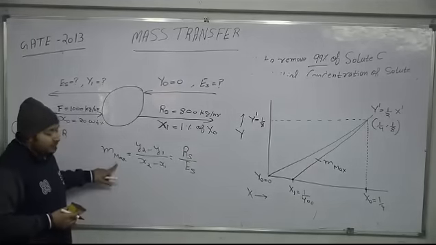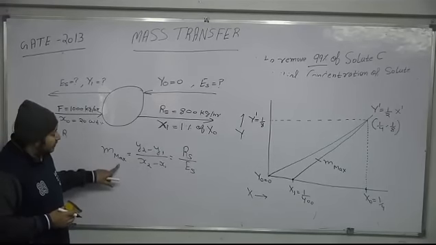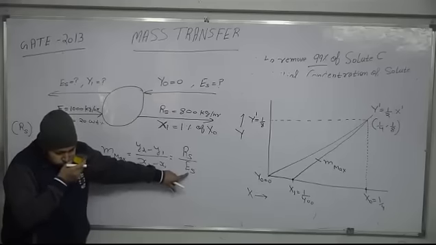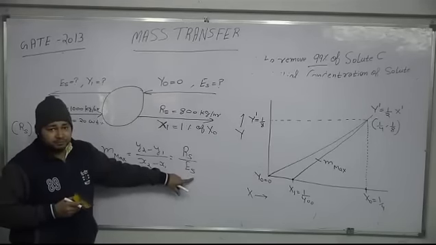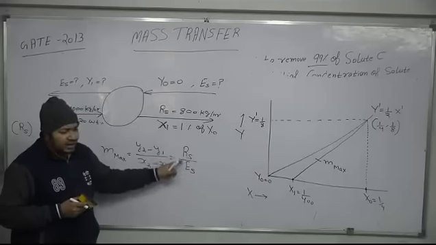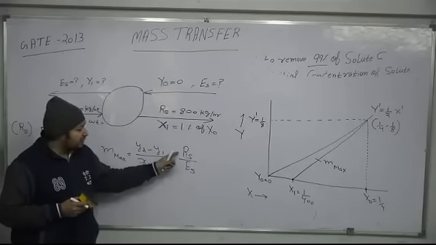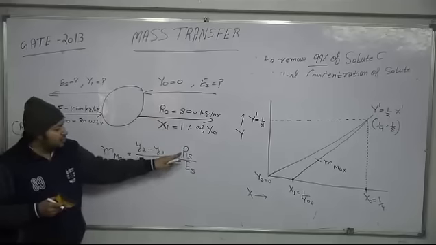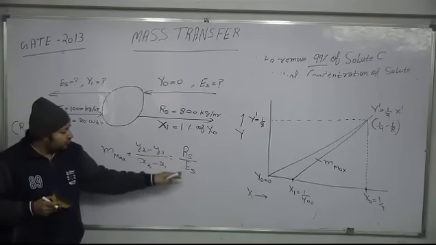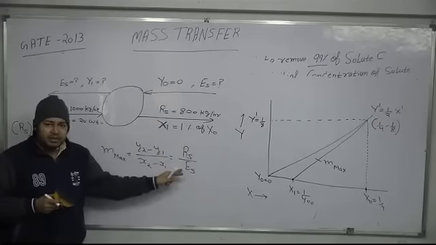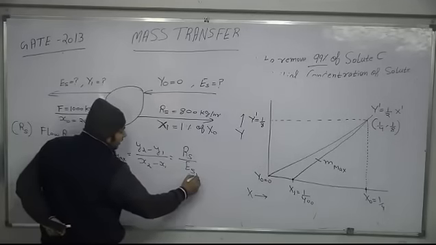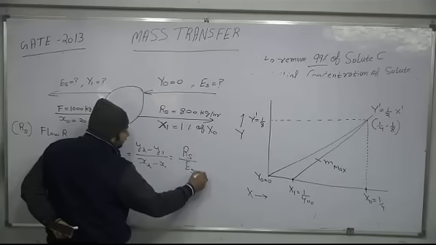Now this slope is maximum. And this can be maximum only when my ES is minimum, because it is actually RS upon ES. And RS is fixed. RS is 800. It cannot change. So for this slope to be maximum, my ES has to be minimum.